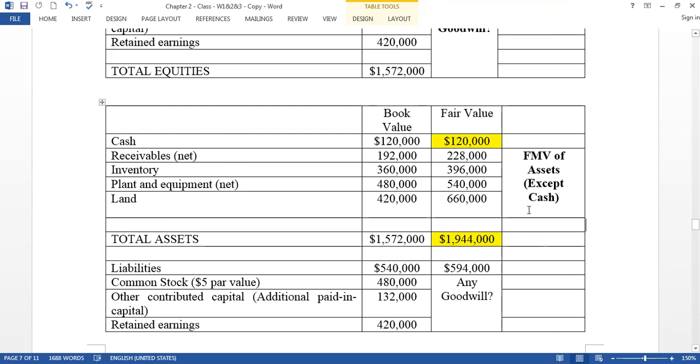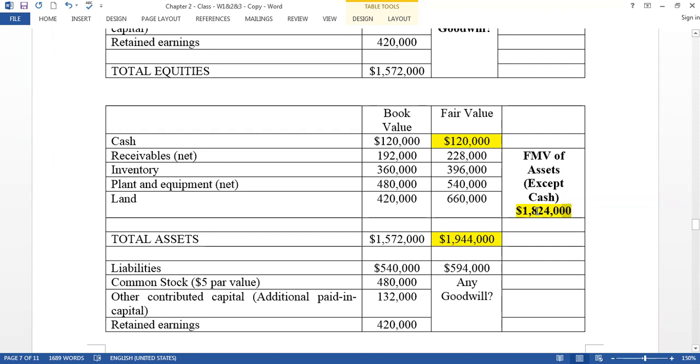This one minus this one, we are going to get the fair market value of asset except cash, and it is $1,824,000. Do you understand how to do that?